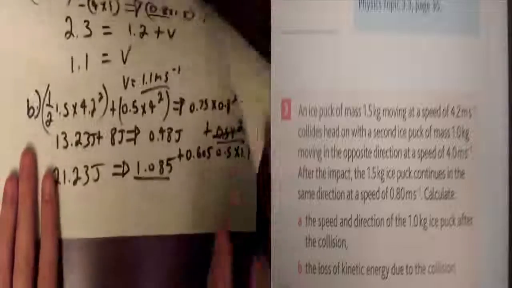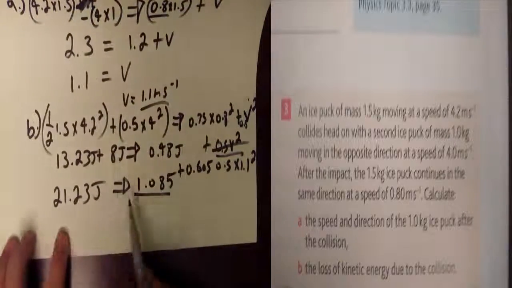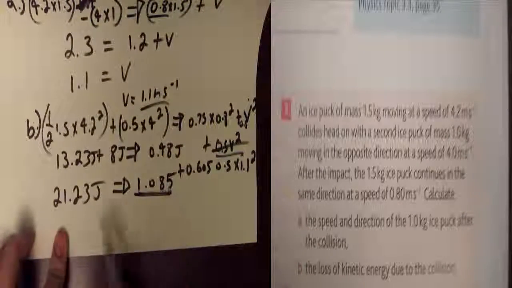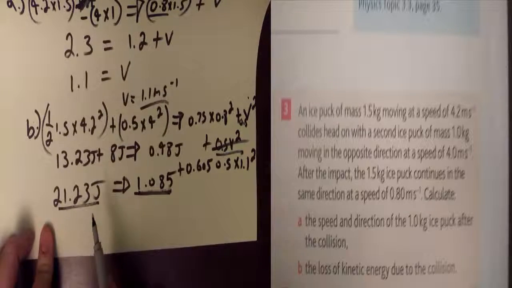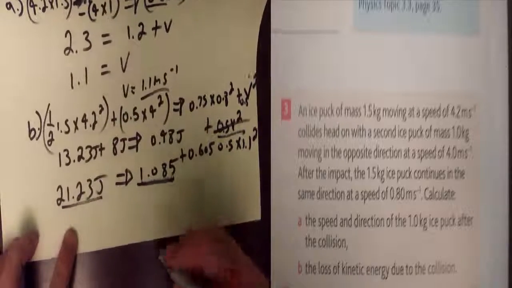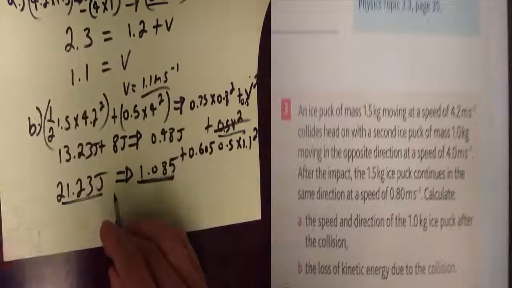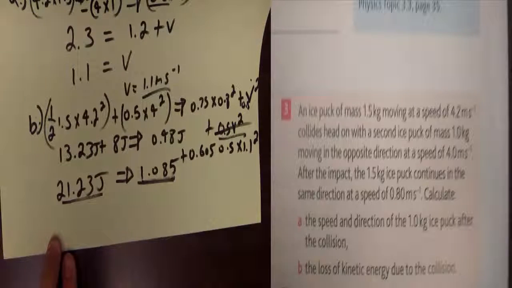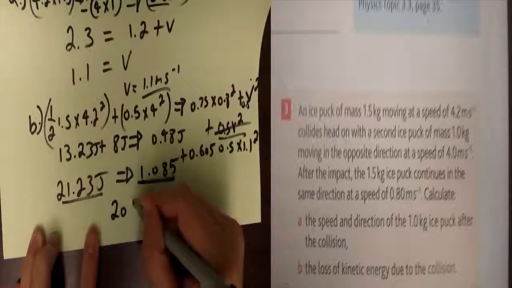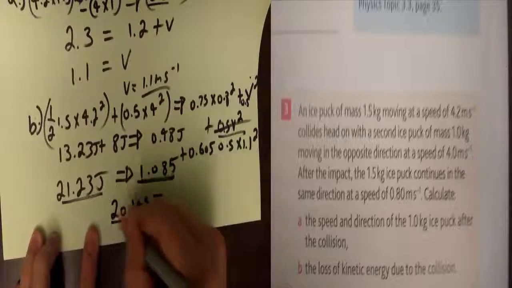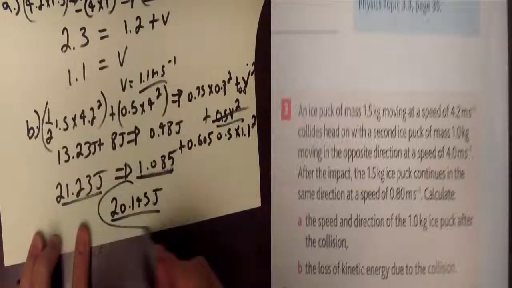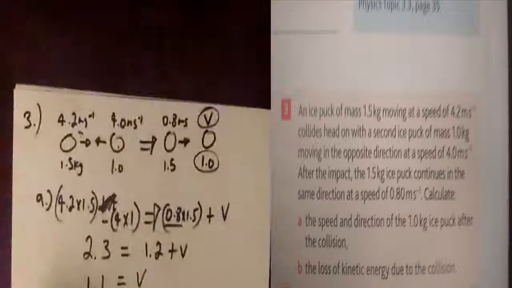Sorry for losing it off the screen again. If we take this number away from this number, we will get our loss in kinetic energy, which will be in this case 20.145 joules. That's how much energy we've lost. Now, last question.